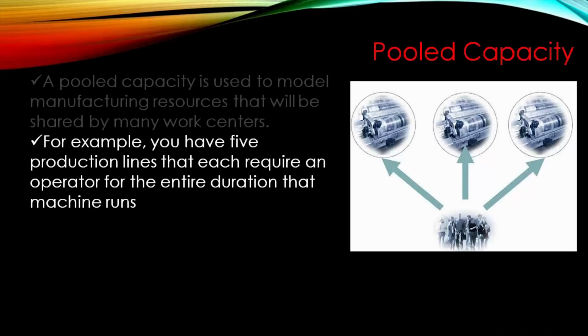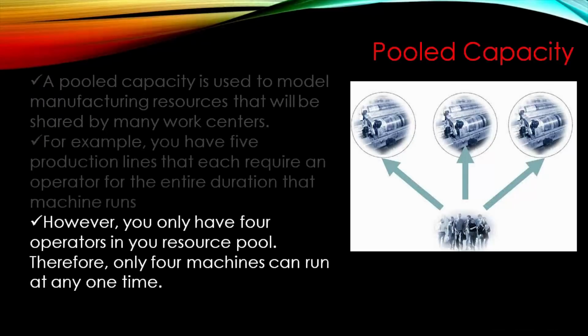However, you only have 4 operators in your resource pool, therefore only 4 machines can run at any one time. So that means we want to use 4 people to run 5 machines.